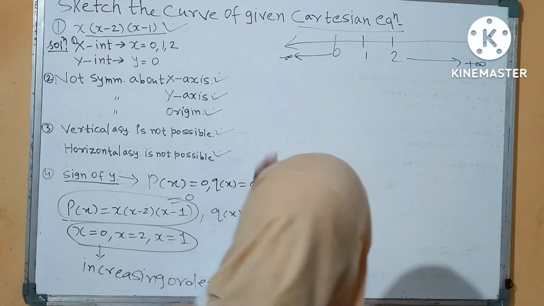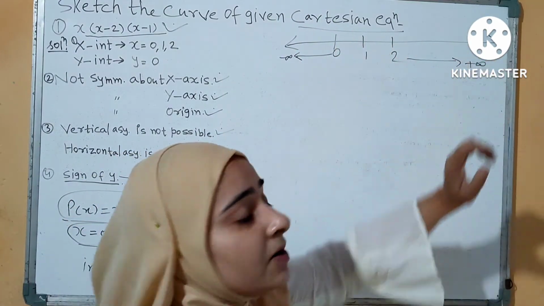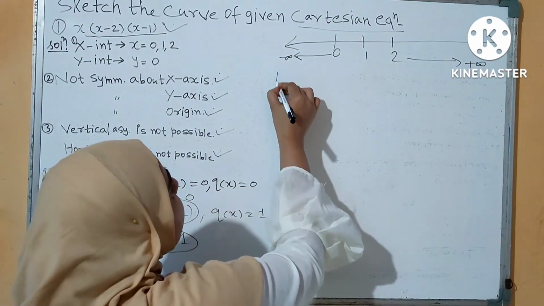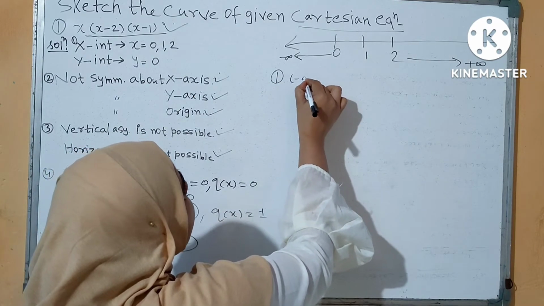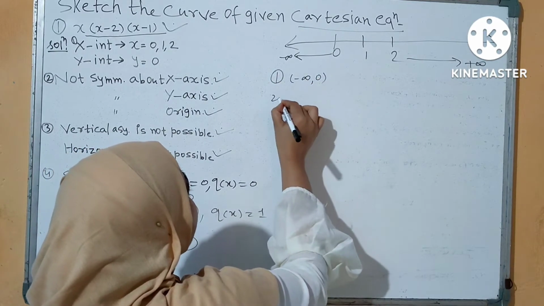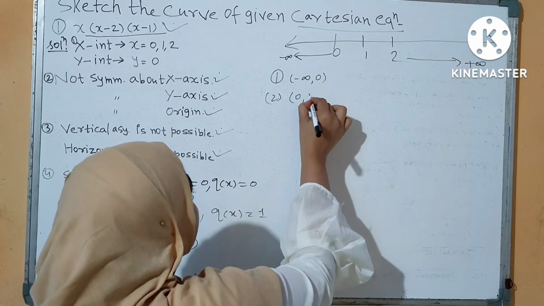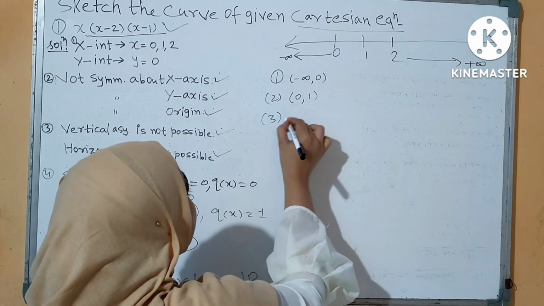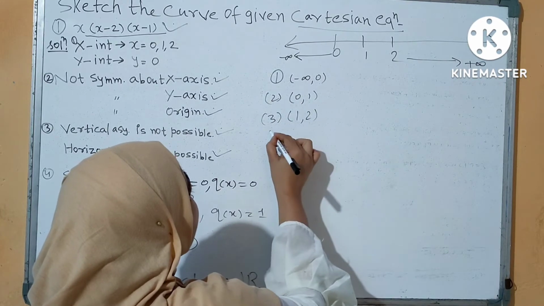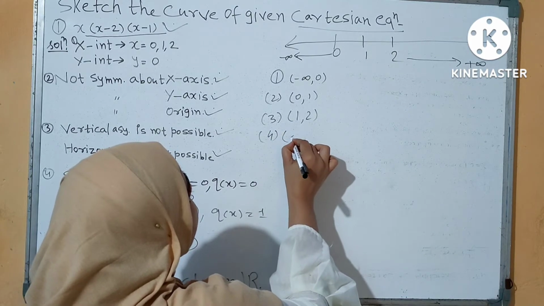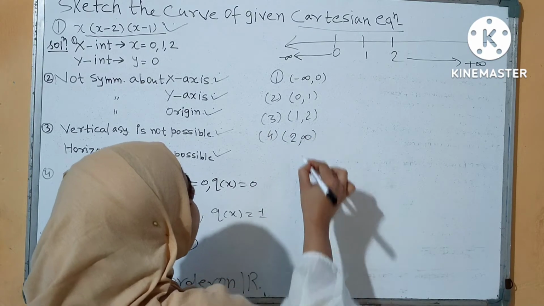So friends, how many intervals do we have? We have 4 intervals. First, minus infinity to 0. The second interval is 0 to 1. The third interval is 1 to 2, and the fourth interval is 2 to plus infinity.